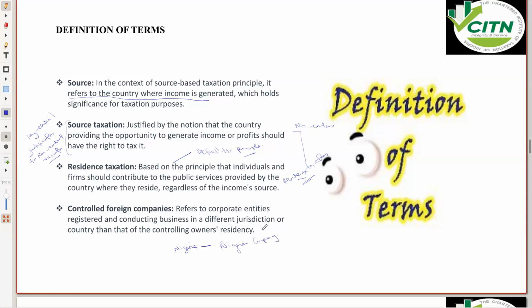And this Nigerian company then goes abroad and possibly acquires another company. So this second company that it acquired, or has controlling interest in, is called a controlled foreign company.